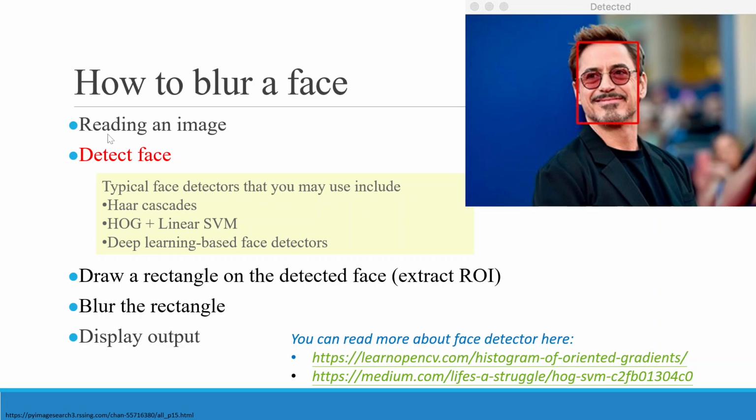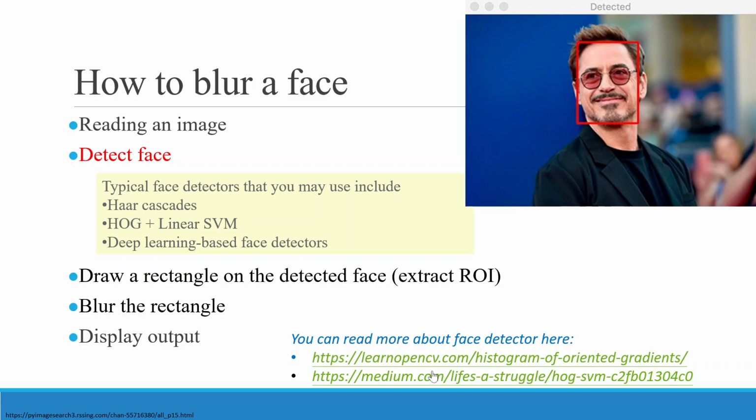When we finish reading the image, we will detect the face. There are a lot of ways to detect a face. You can use Haar cascades, or you can combine HOG and a linear SVM, or you can use a machine learning based face detector.